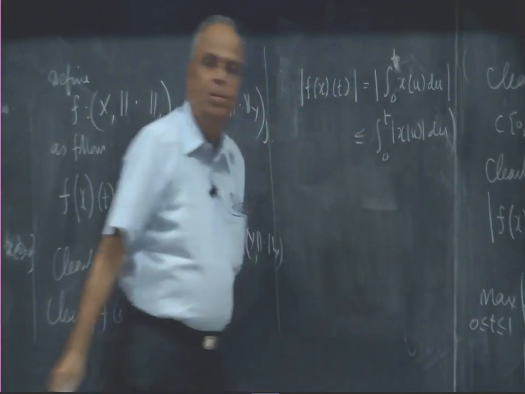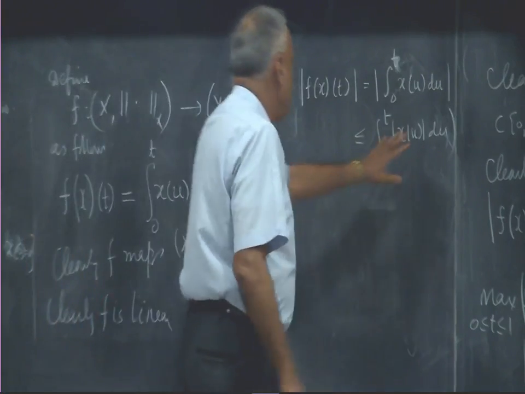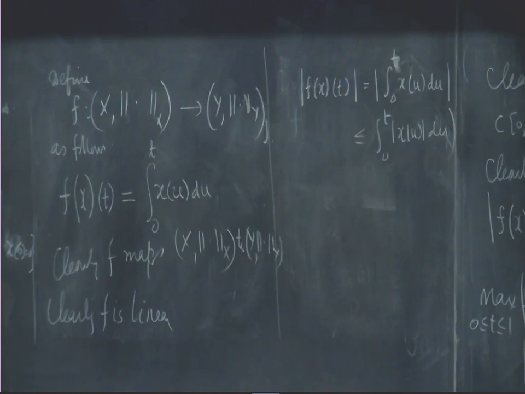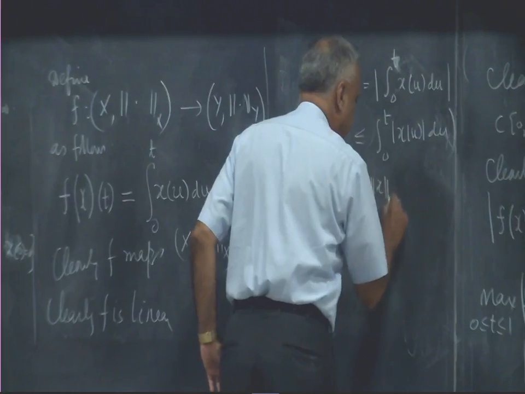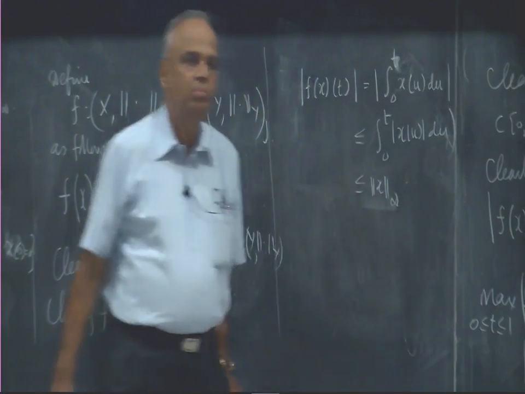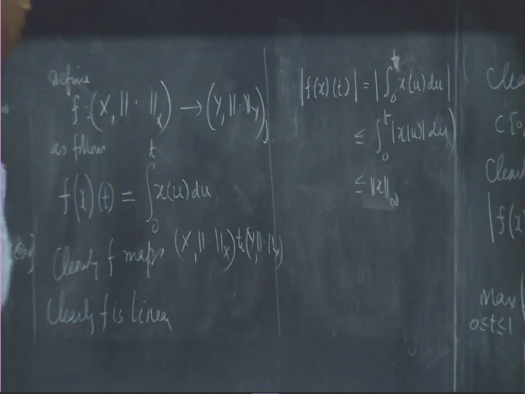The modulus of the integral is less than or equal to the integral of the modulus. Now the modulus of x is less than or equal to its maximum, so I can pull it out and compare it with the maximum times the integral, and that is mod t, which is at most 1 because t runs between 0 and 1.